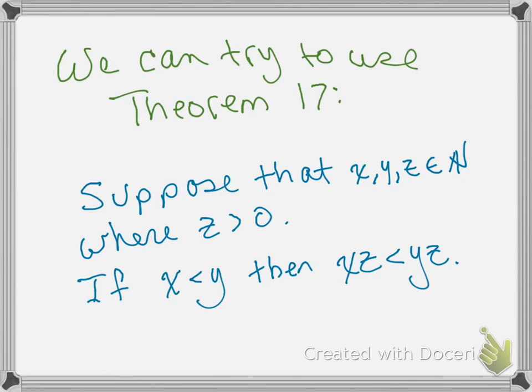We do have a theorem that might help us with this. This theorem is similar to what we're trying to prove. We're assuming that we have three natural numbers where z is not 0. We're assuming x is less than y, and we're concluding that x times z is less than y times z.